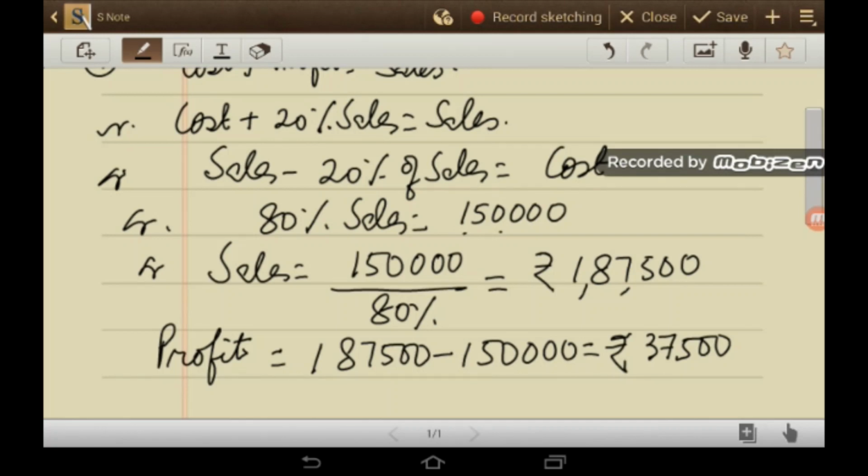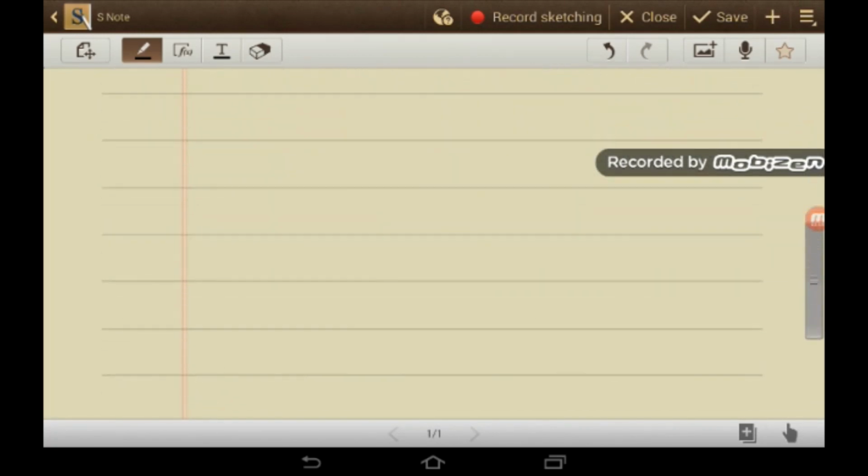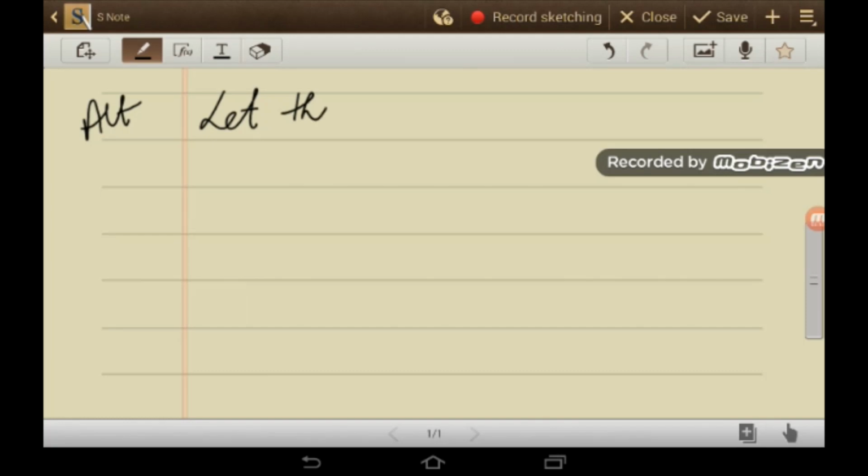Alternatively, this problem can be solved in this way. So let the sales price here be rupees 100.